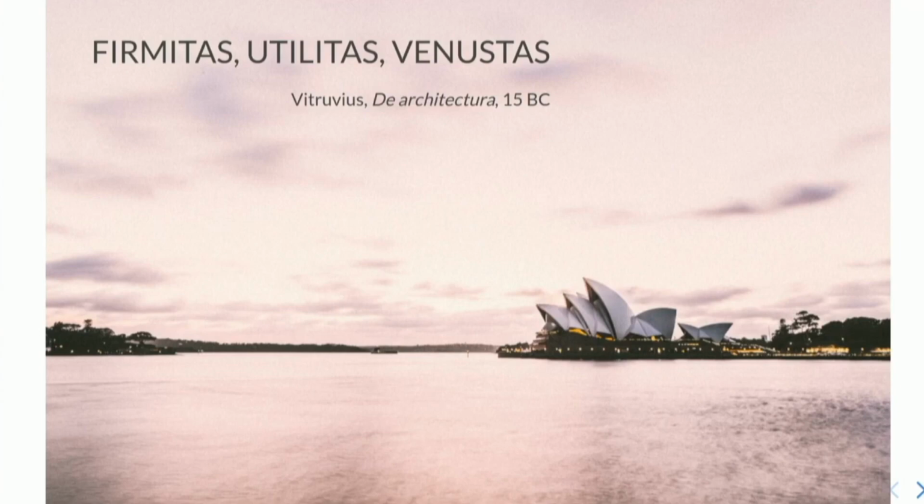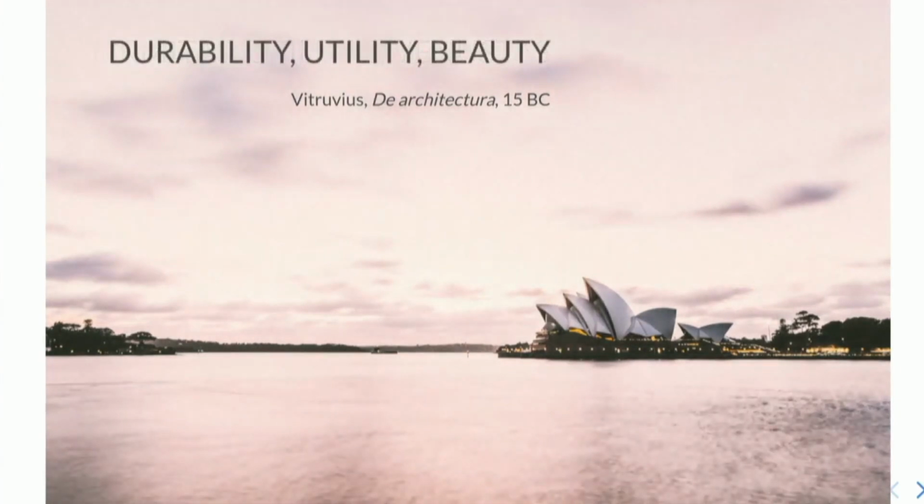Vitruvius, who was a Roman architect and engineer, says that architecture is about firmitas, utilitas, and venustas, which translated in modern English is durability, utility, and beauty.